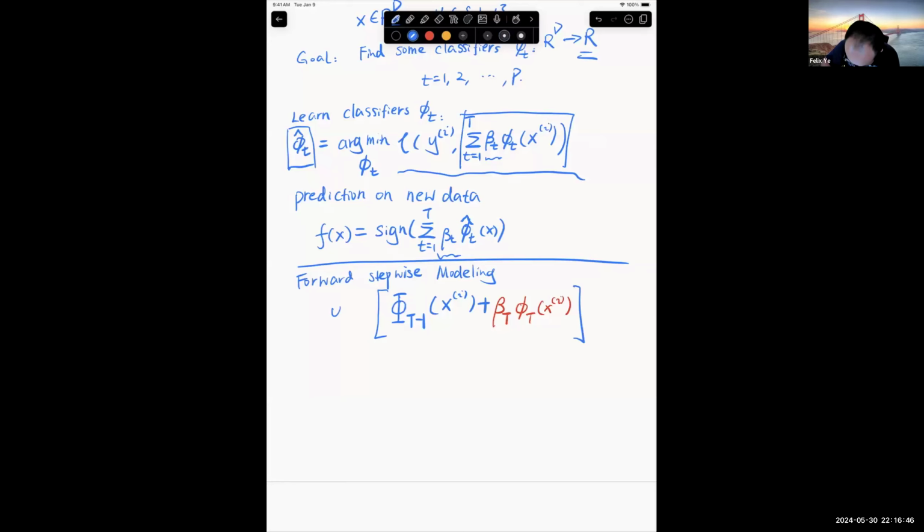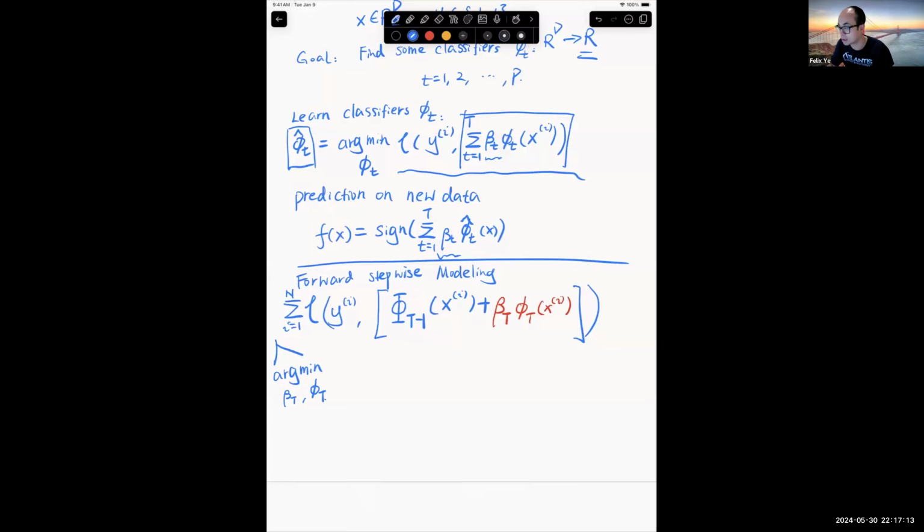And I want this whole thing to have a smaller loss function from 1 to n. And of course, I need to make sure I have the argmin for the beta t and the phi t.